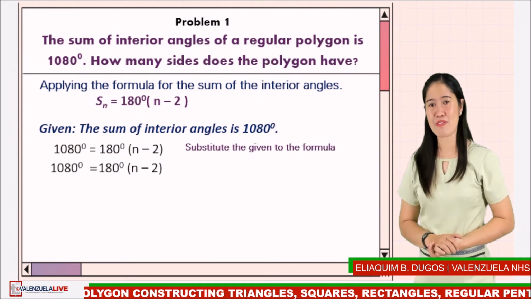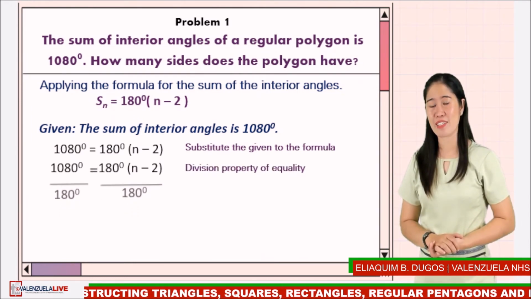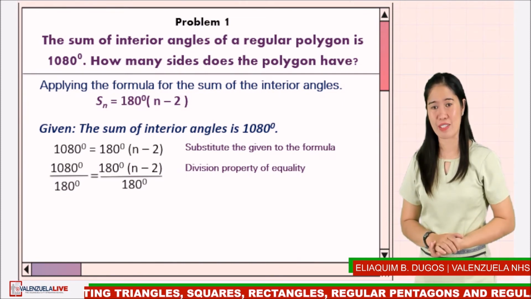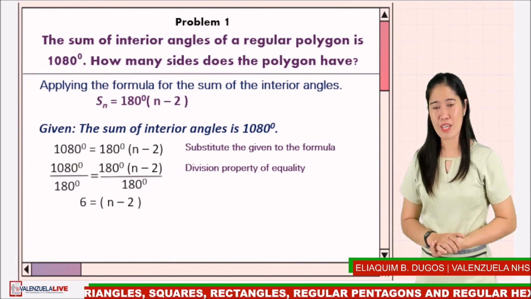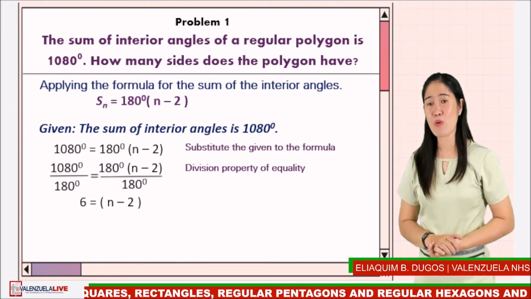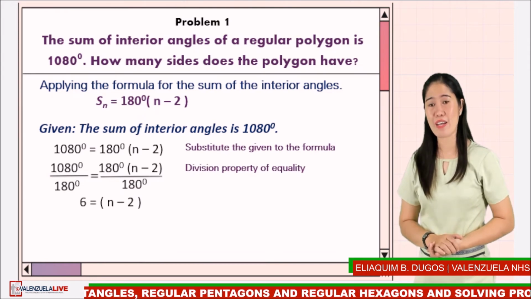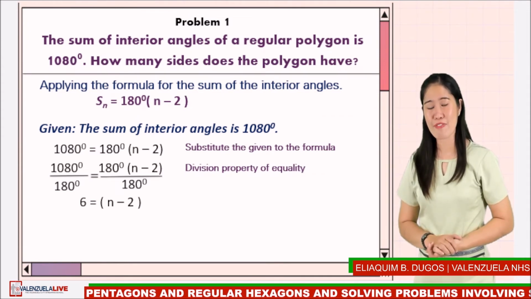By the division property of equality, we're going to divide both sides by 180 degrees. We have 1080 degrees divided by 180 is equal to 6. And 180 degrees multiplied by the quantity of n minus 2, divided by 180 degrees, we have n minus 2.